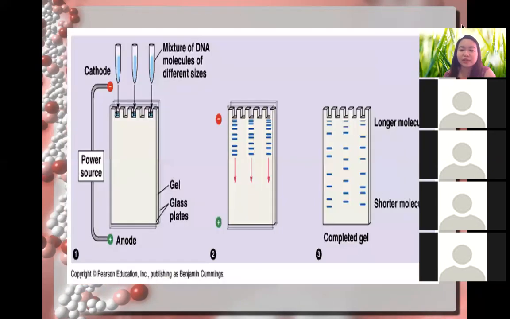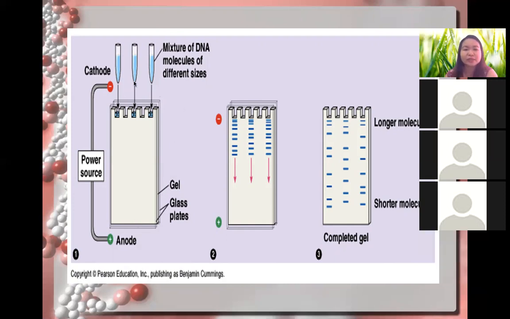So this is also another illustration, no, of the electrophoresis. So always remember electrophoresis. So again, this is the gel, no, and this is the cathode or negative ion and the anode, the positive ion. It is where the mixture of DNA molecules of different sizes are dropped here or loaded here, and then the gel glass plates.